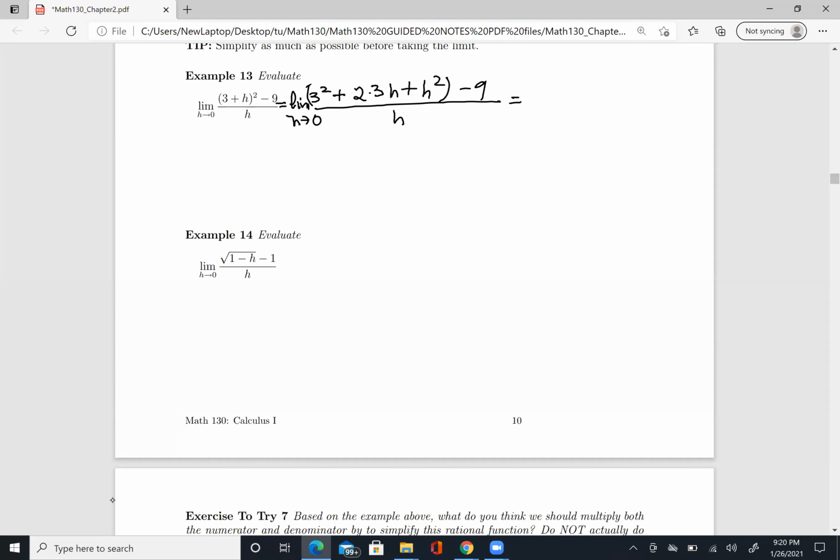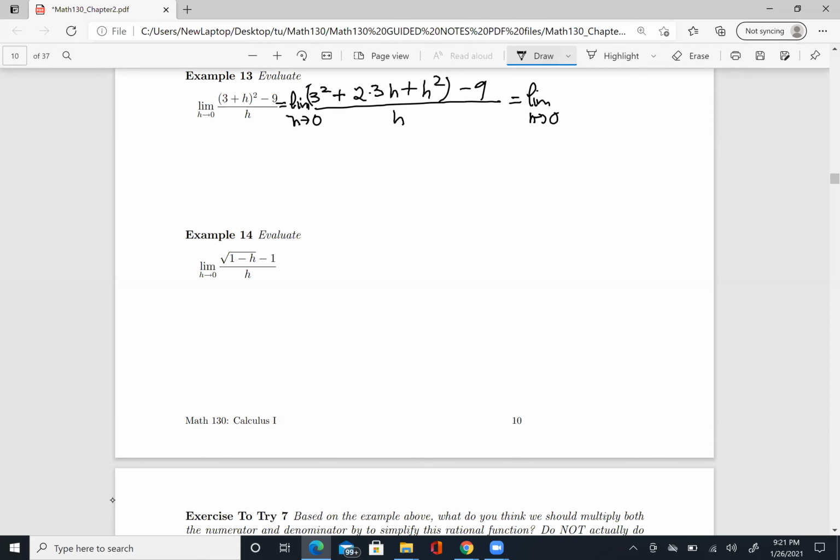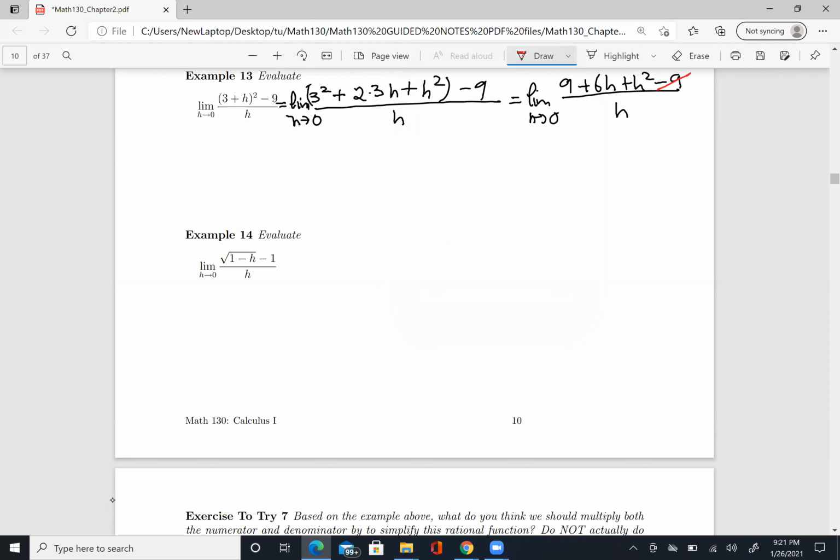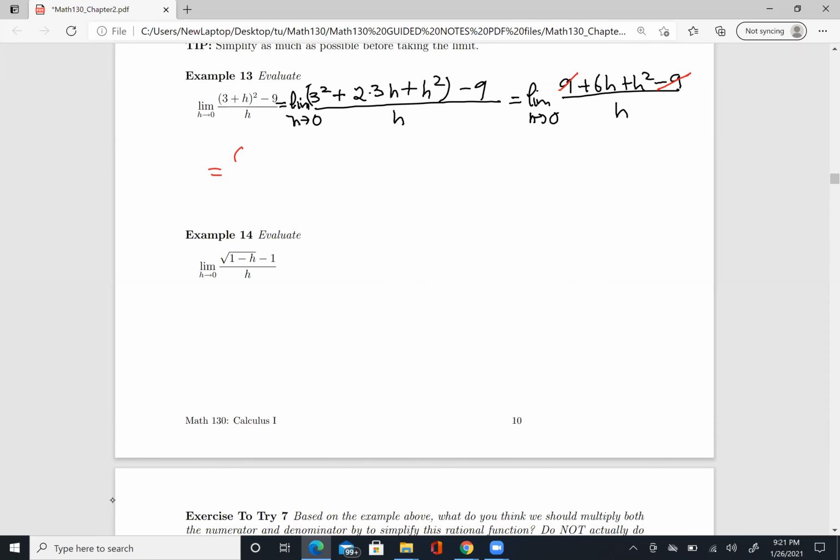So I have the top going to be equal to, let me write the limit first, right? Top going to be equal to 9 plus 6h plus h squared and minus 9. And you see here, I saw that there is positive 9 and negative 9 that can cancel on the top. So I can rewrite it as 6h plus h squared divided by h. And then you have h, you can factor h out, right? Now you see that if you factor h out, you can cancel the bottom.